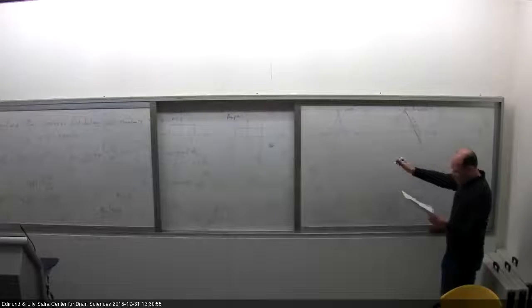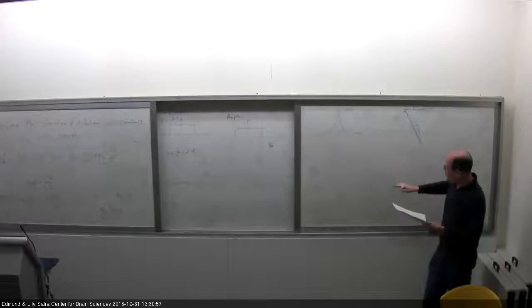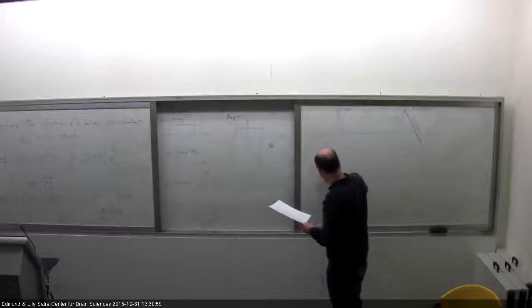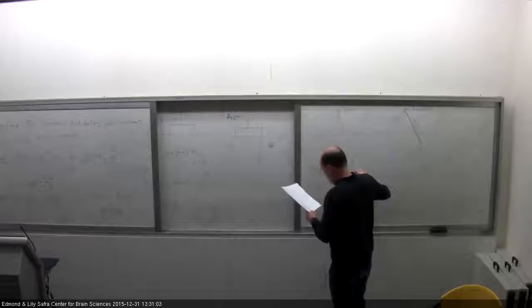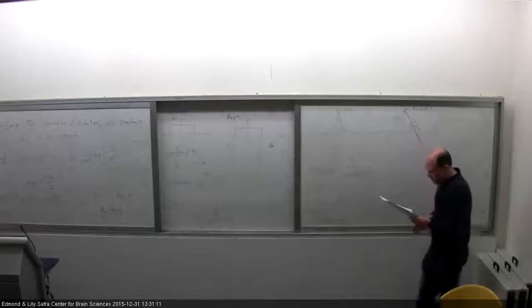I didn't write exactly what it is. Maybe I should first write what it is. P of x equals 1 over alpha cosine, hyperbolic cosine of x over alpha. In a moment I will tell you where this is coming from.